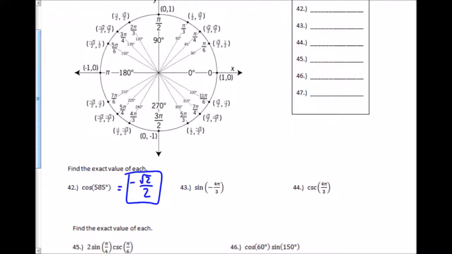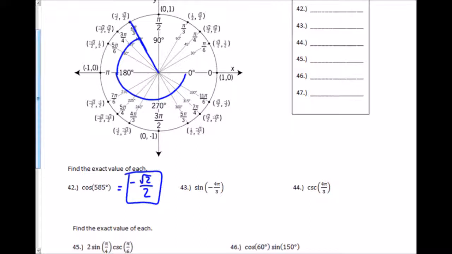For this one, the sine of negative 4 pi over 3, what I want to do is count basically 4/3 pi in the negative direction. So this would bring me to pi. And then I need to go another 1/3 pi. And 1/3 pi would bring me to here. The other thing you can do is convert this to degrees if you're more comfortable with that.